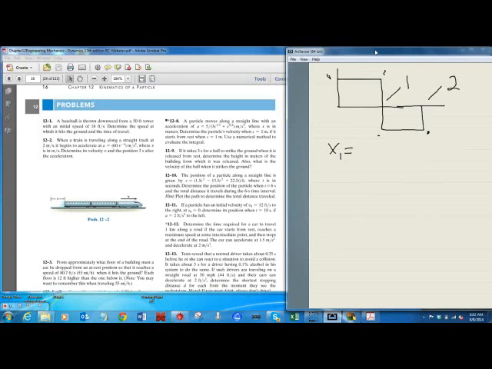Okay, x1 equals 0 plus the initial velocity. Yep, 0, right? So I'm just plugging into the equation. Plus 0 times time plus 1/2 times the acceleration, 1.5, and it's positive, right? Times time squared.